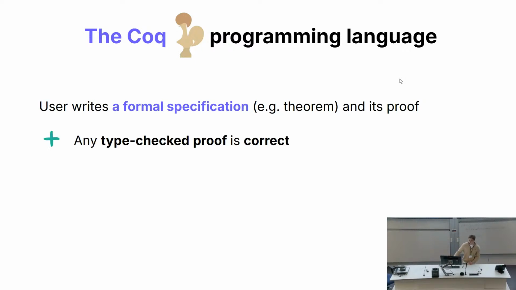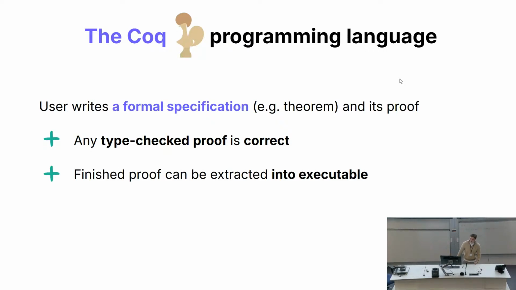Of particular importance here is that we get a native and seamless way to check if our proof or code is correct. And when the proof is finished, it could be extracted into an executable, which helps us to write programs in this manner.